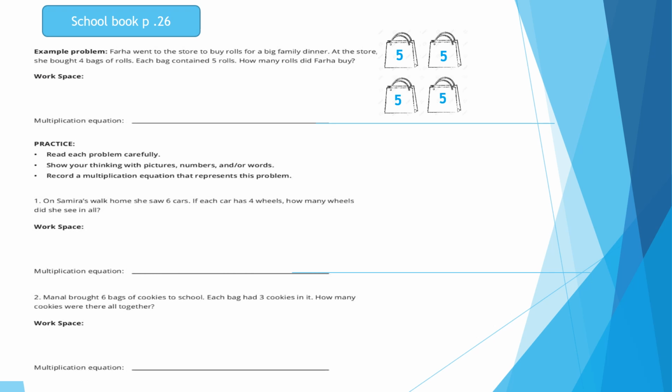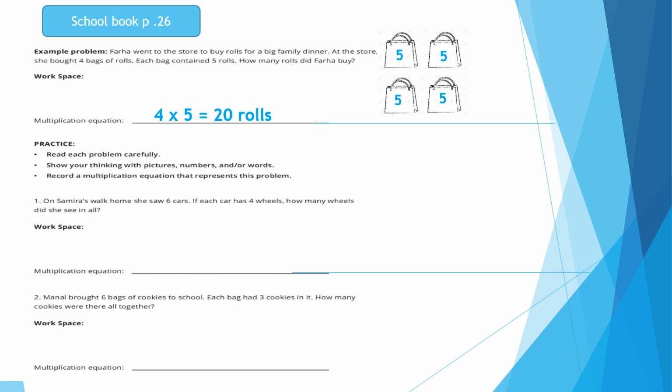So the multiplication equation will be 4 times 5, because the 5 is repeated 4 times. 4 times 5 equals 20 rolls.